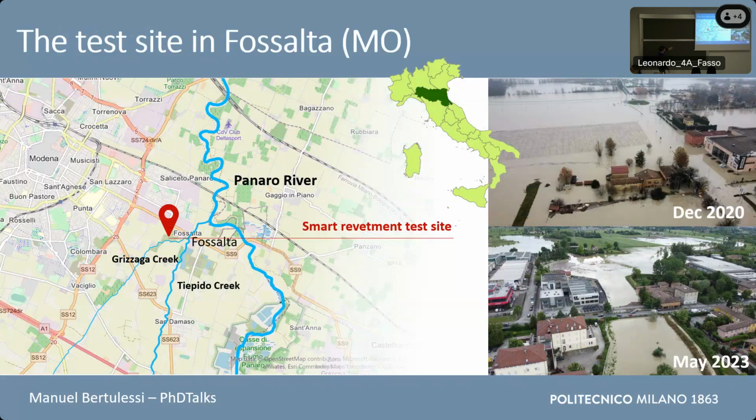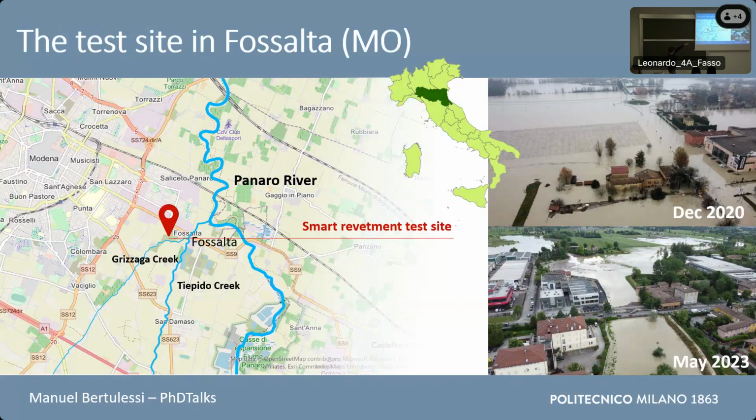The important issue in this place is that it suffers from backward water from the Panaro during flood events, and in several cases, at several dates in time, the area was heavily flooded. This is a very important area for the urban economy of Modena, because we have a lot of industrial and commercial activities, and also residential ones.